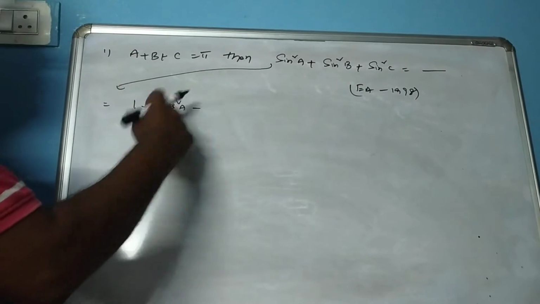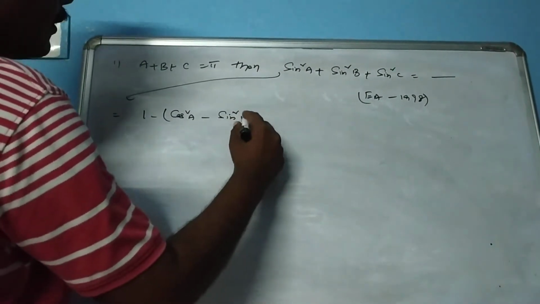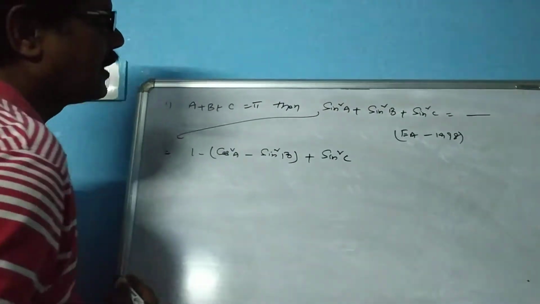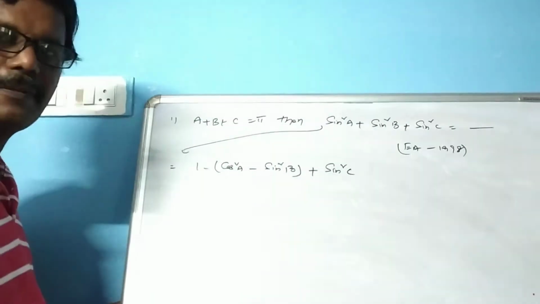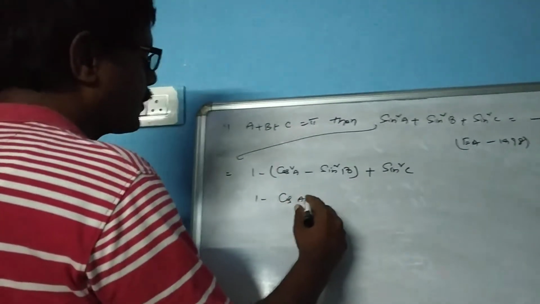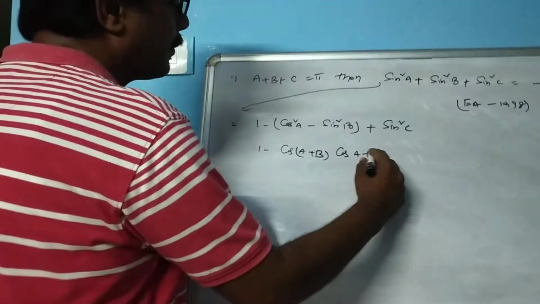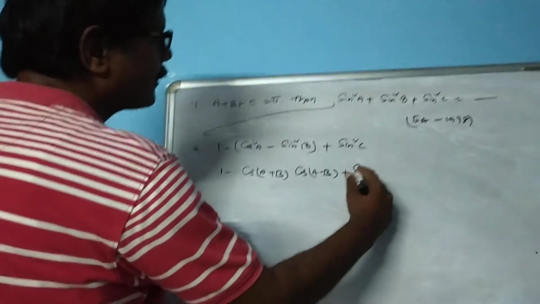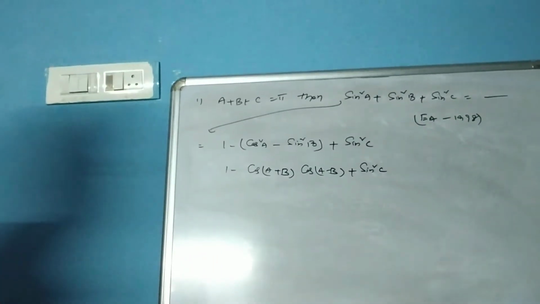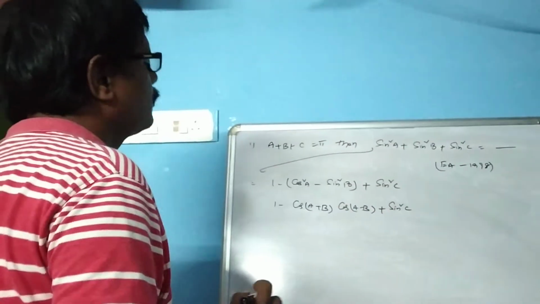1 minus sin square A minus sin square B plus sin square C. Okay, this can be written as 1 minus cos(A plus B) into cos(A minus B) plus sin square C. A plus B plus C is equal to pi.